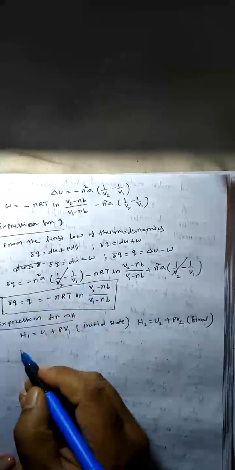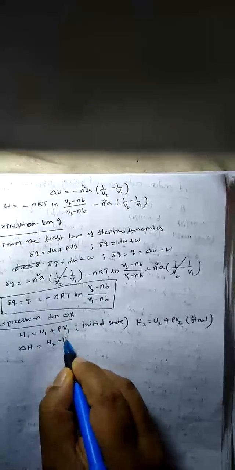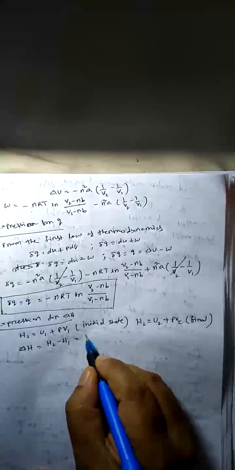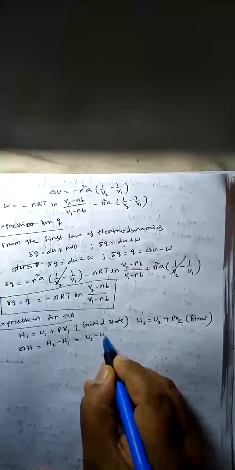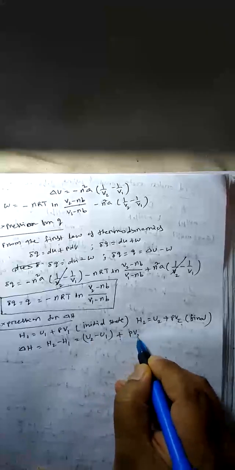Then what is the change in enthalpy? Final minus initial. That means delta H is equal to H2 minus H1. H2 minus H1 means (U2 minus U1), make it a bracket, plus (PV2 minus PV1).